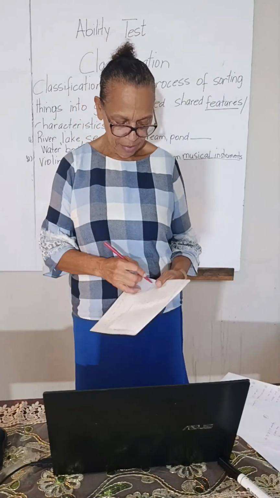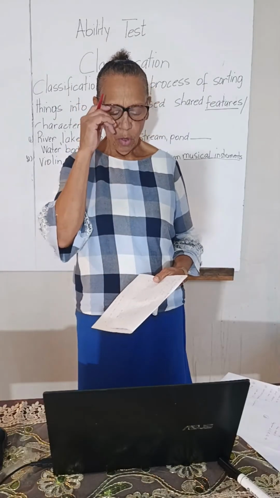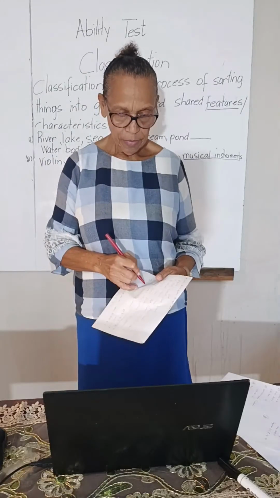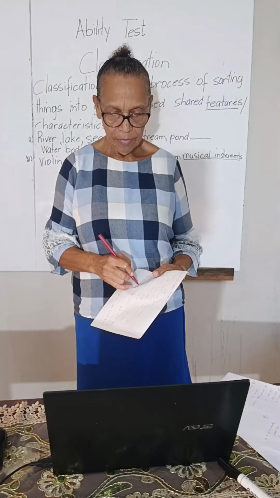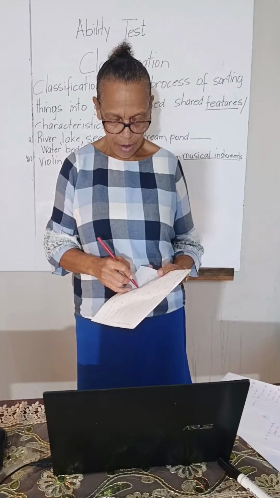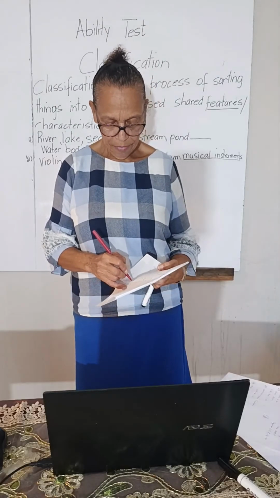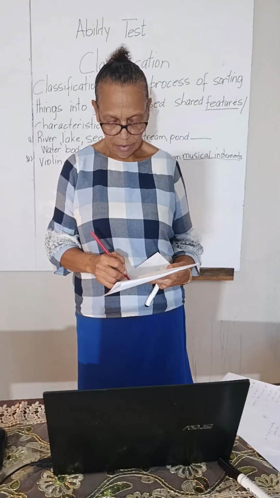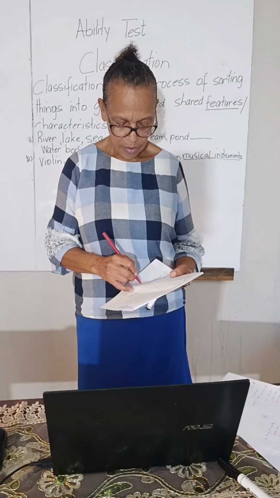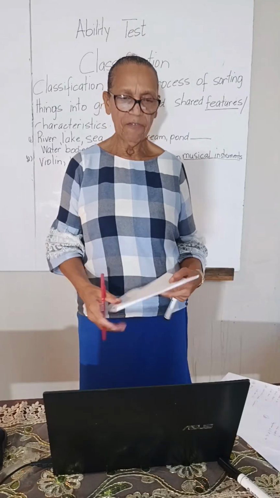That's number 6. Number 7: gold, silver, pearl, copper, bronze. All right, 7 of them.